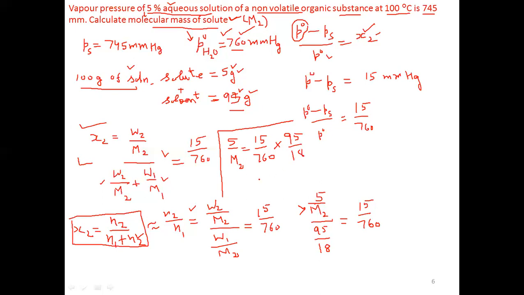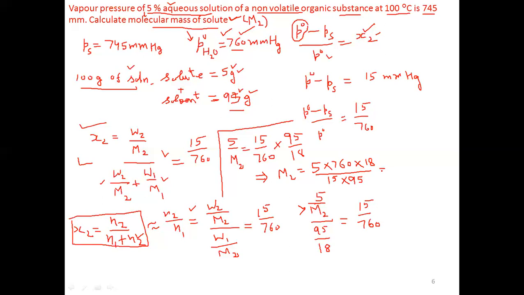Now which gives us m2. We have to calculate m2. What we can do, we can take m2 to the right hand side and this to the left hand side. It gives you 5 into 760 into 18 divided by 15 into 95.